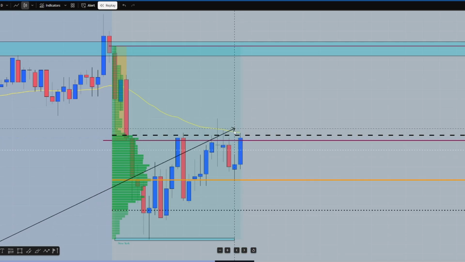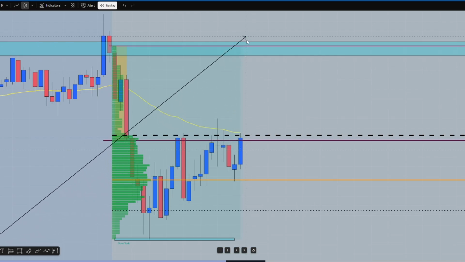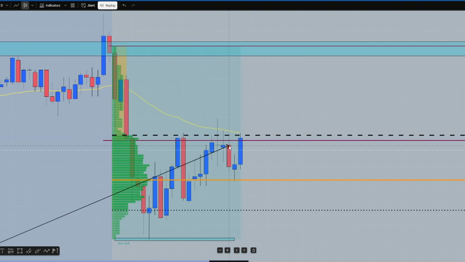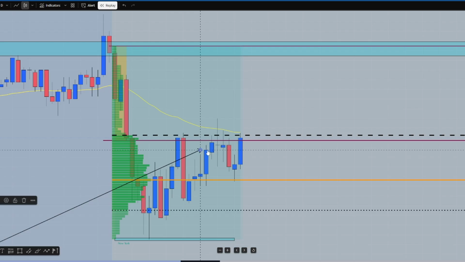And if price can close back into the ORB, I can ride this to ORB high, but I need to close back into the ORB. I prefer for it to close above value area high and above this EMA. And I would prefer for it to actually close above the high of this wick or have a strong candle close in the zone of the high of this wick. And that's when I would like to actually go long. So let's see what happens.